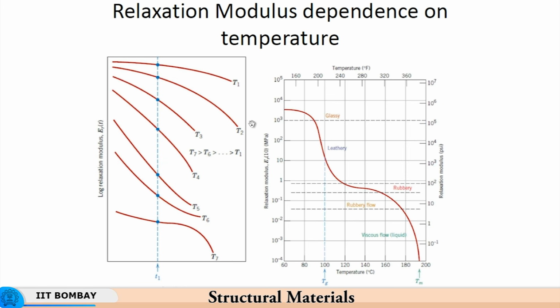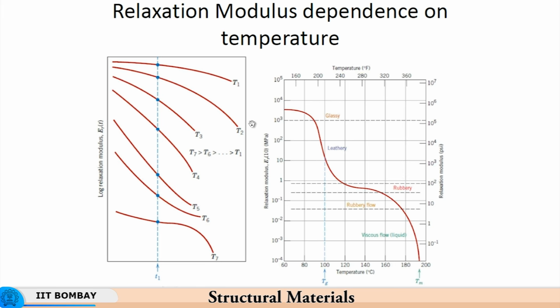So you have this relaxation modulus which will come down over here. And at the point of melting you have practically zero relaxation modulus over here. So you have different temperatures marked over here, glass transition temperature.